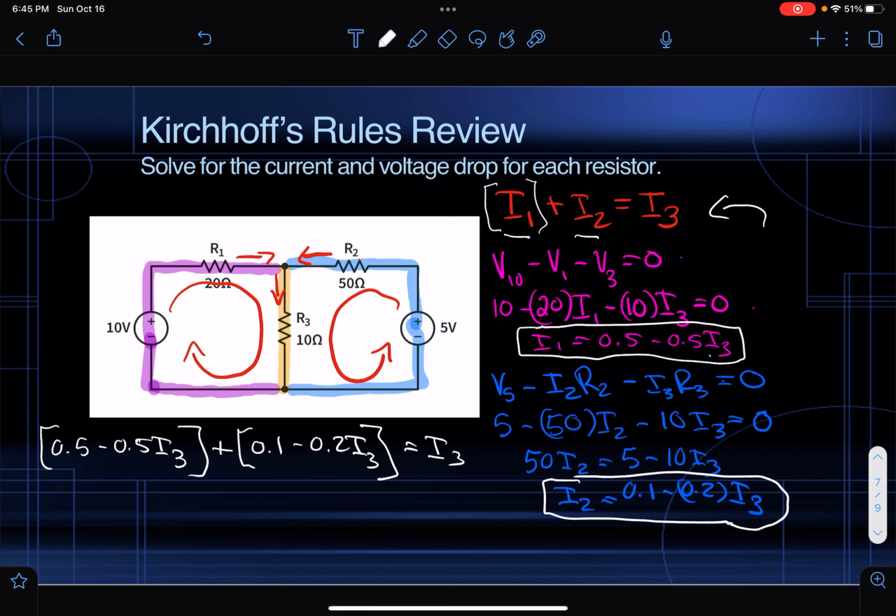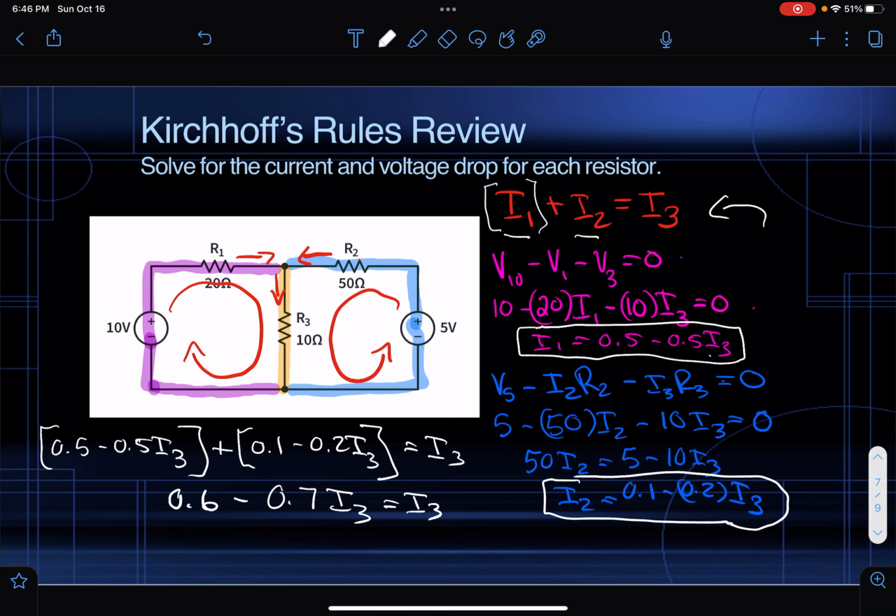And that all equals I3. Now notice these are addition or subtraction, so we need to consolidate our like terms. I'm going to add my 0.5 and my 0.1, so I get 0.6 minus 0.7 I3 is equal to I3. Now this is 1 I3, right? We don't usually write it like that, but that's what it is.